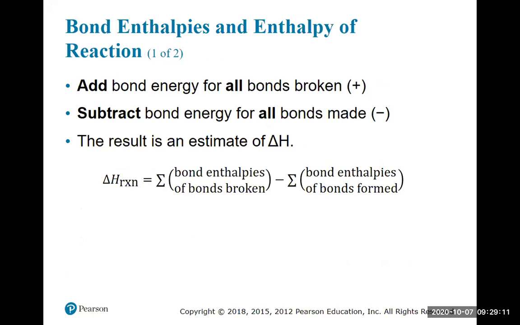Those will be the bonds on the reactant side, right? So on the reactant side, we look at all those bonds, look up their bond enthalpies, and sum that up. Then on the product side, the bonds formed, we look up all those bonds and their associated bond enthalpies and add them up. So we have the ones broken minus the ones formed.